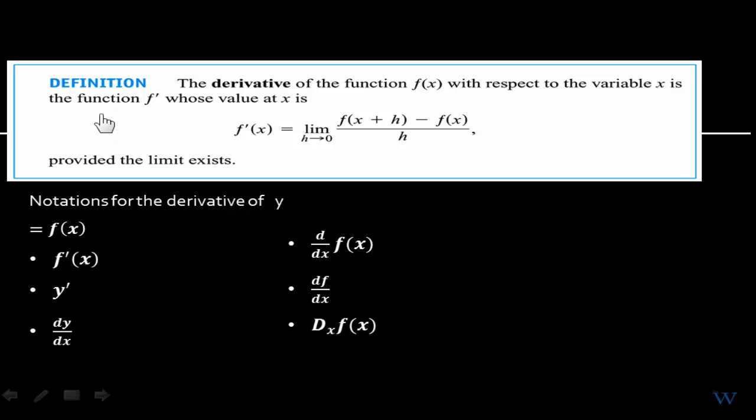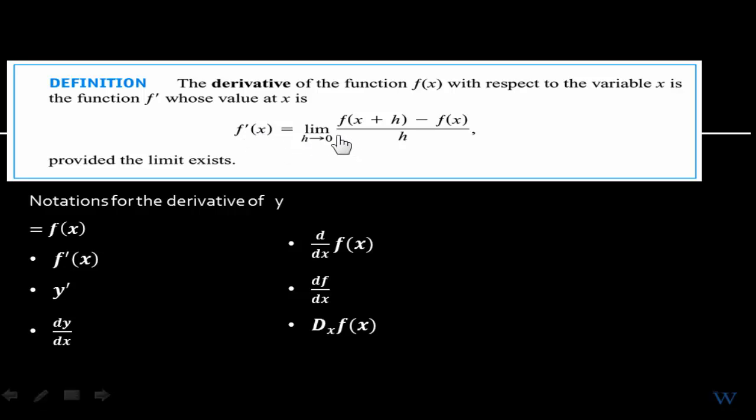So let's go ahead and define the derivative of a function. The derivative of a function f of x, and this is very important, this phrase, with respect to the variable x, as this is a function that's acting on x, is the function f prime, whose value at x is, like we said, the slope of the line tangent to the curve at x.